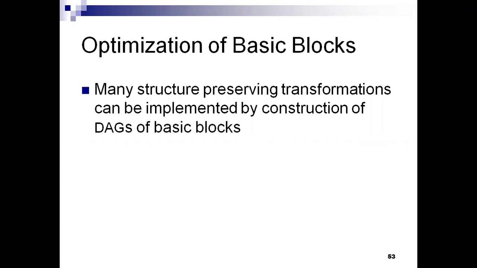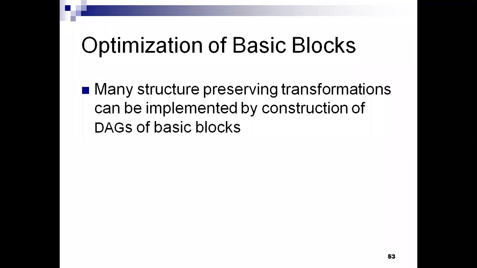Two types of optimizations can be done on basic blocks. The first one is structure preserving transformation, which can be implemented by construction of the DAGs of the basic block. The second one is the use of algebraic identities.